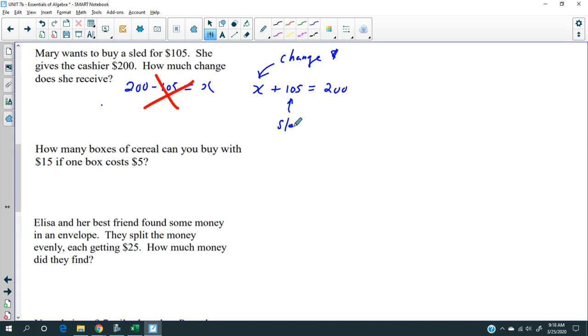Okay, I gotta tell you, teaching this for the second time has made me do a better job of doing this. And that's the money she gave, that's the total money. So the question is, what's the change? I mean, it literally is. So you subtract 105 from both sides, and there you go, $95.